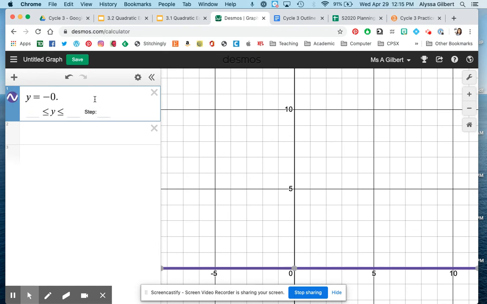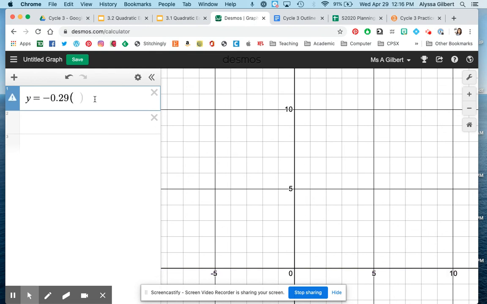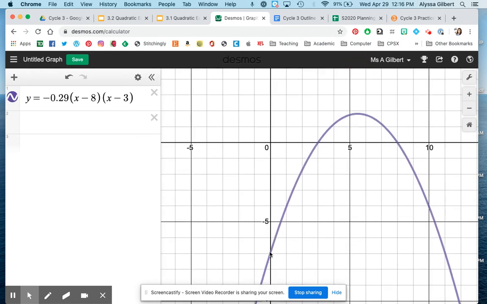You guys must get so annoyed with this. y equals -0.29 times x minus 8 and then x minus 3, right? There we go. So now I'm hoping that goes through -7, and it does, or close enough.